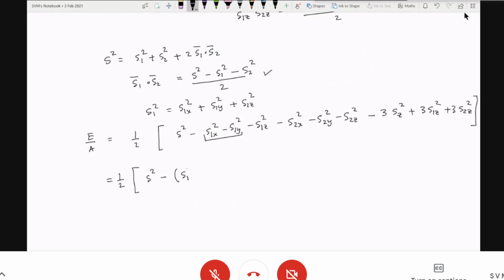I can write this as S1 square minus S1z square.